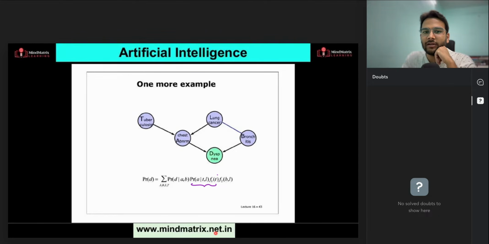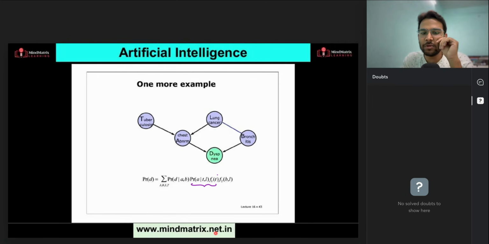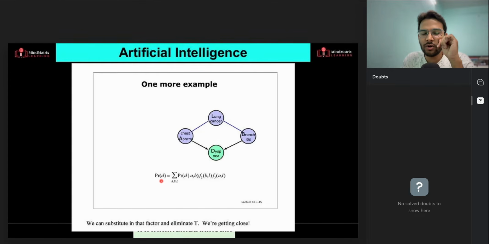Here we have f2 of b comma l, so there will be one edge between b and l. Now after that it should be factor 3 of a comma l, and t will be gone. Now there is an edge between a and l. So far this is what we have got.